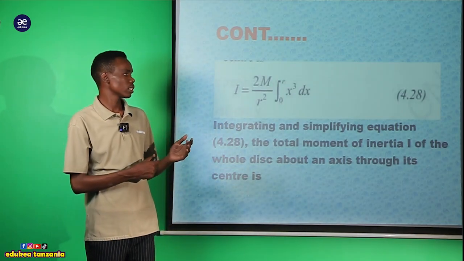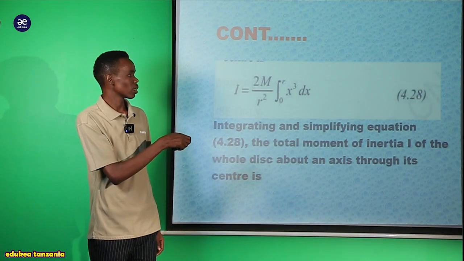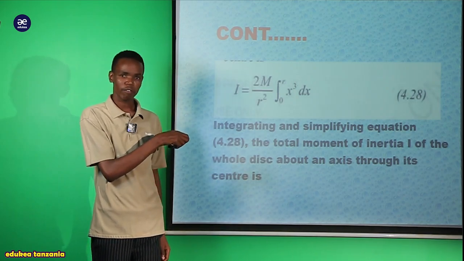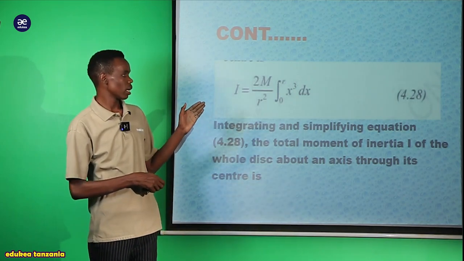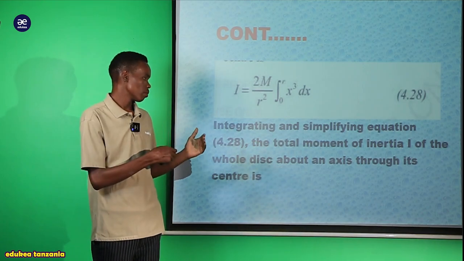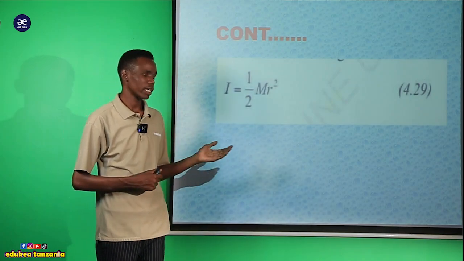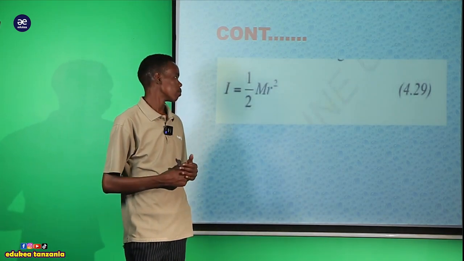We should integrate with respect to dx. Kwa ukisha integrate hapa, tutakachokuja kupata itakuwa ni x power 4 divided by 4. But the limit changes, it means from 0 to r, it means kwamba formula ambayo tutakuja kuipata baada ya kusimplify pale, moment of inertia atakuwa ni sawa na half m r square.